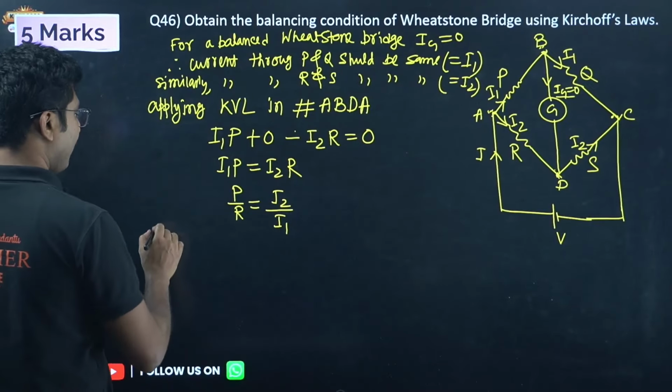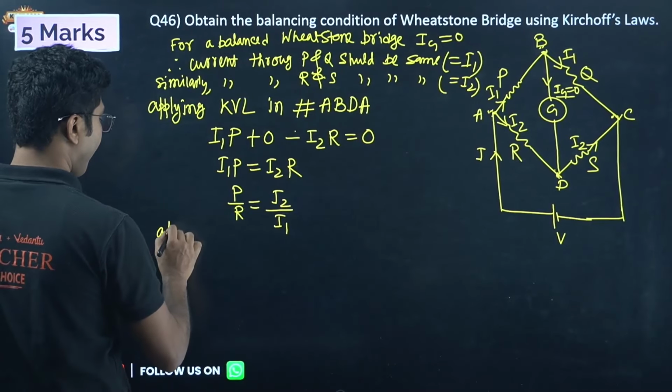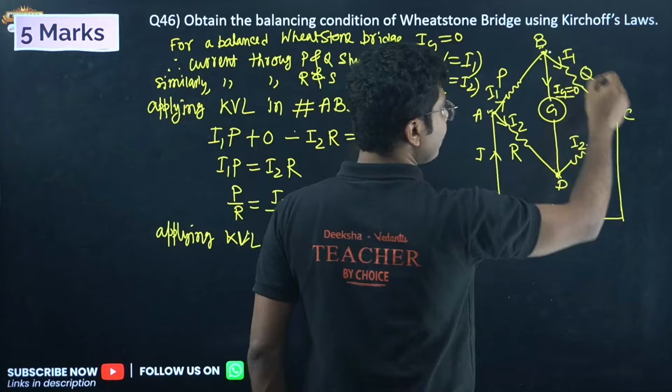Okay, now applying KVL in loop B, C, D, B. So what is the current from B to C?